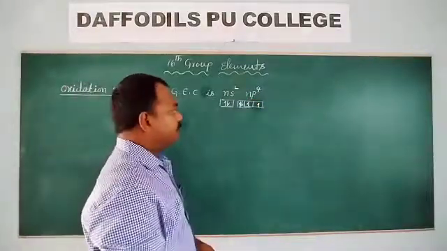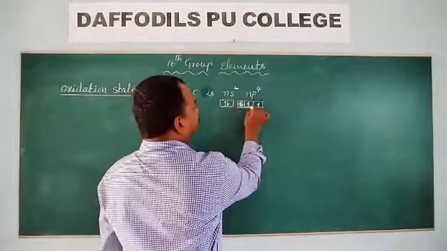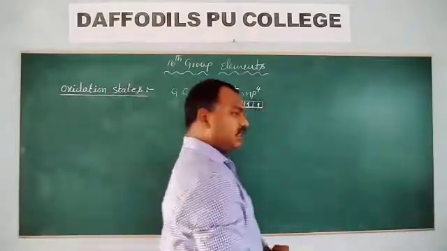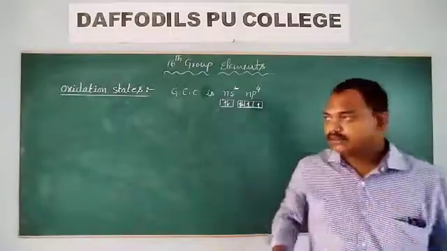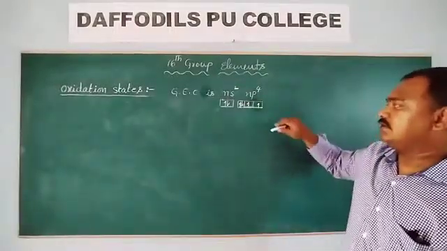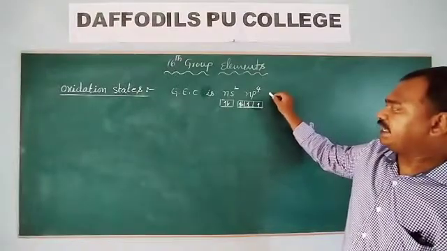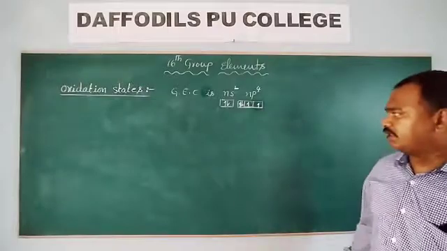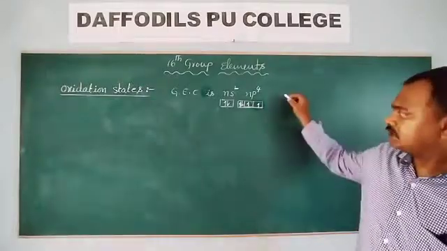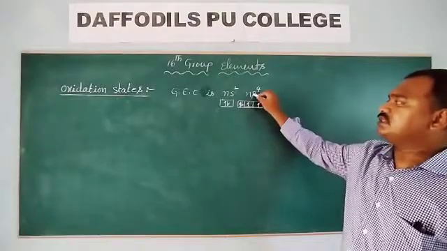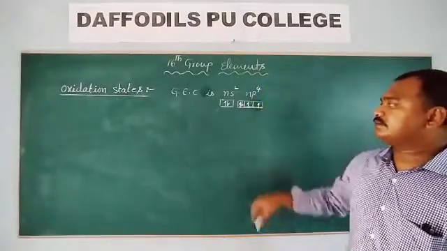Now look at here. Every atom tries to get how many electrons in the outermost shell? 8 electrons in the outermost shell. To get 8 electrons, if it takes 2 electrons from other atoms, then this becomes np6.